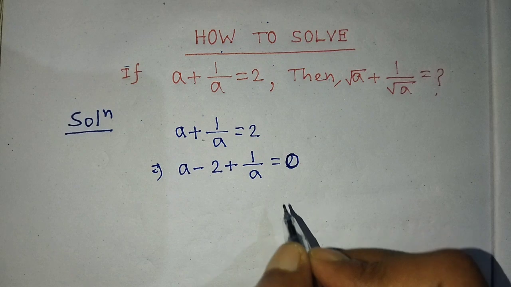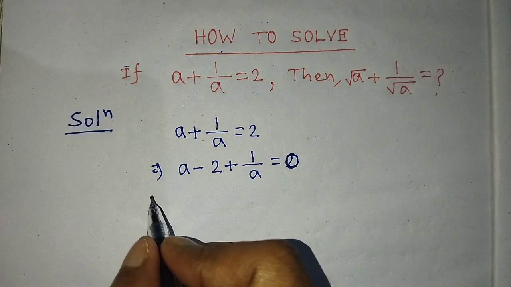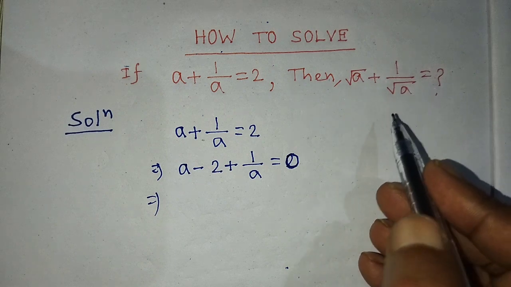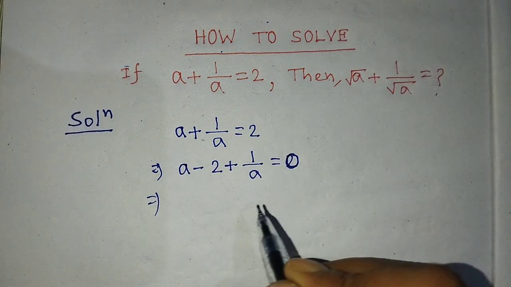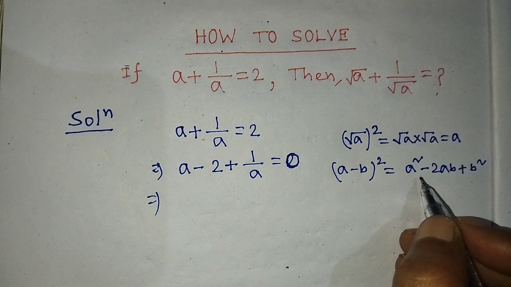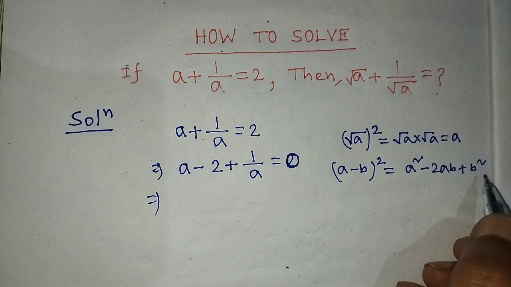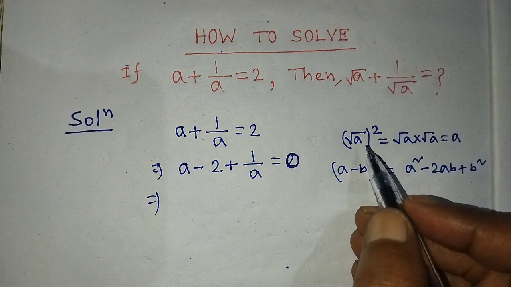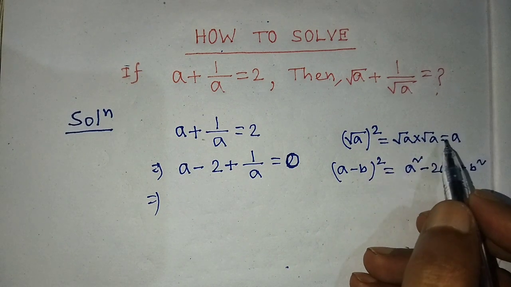So my dear student, after that, to find the value of this algebraic expression from this equation, we have to write the LHS of this equation in the form a square minus 2ab plus b square. Okay, so student, we know that root a whole square is equal to a.